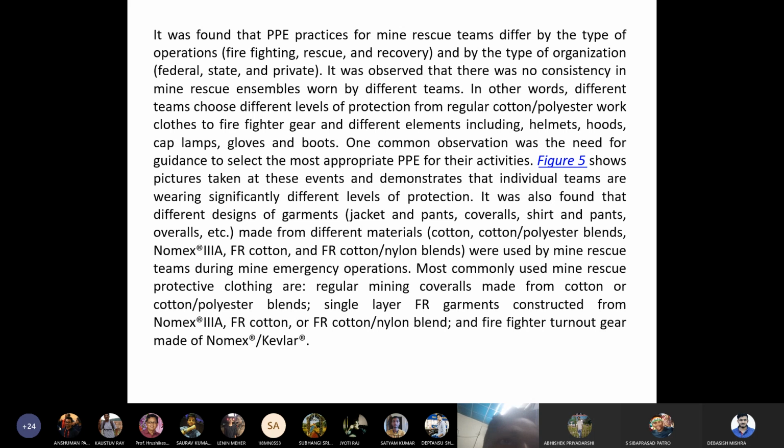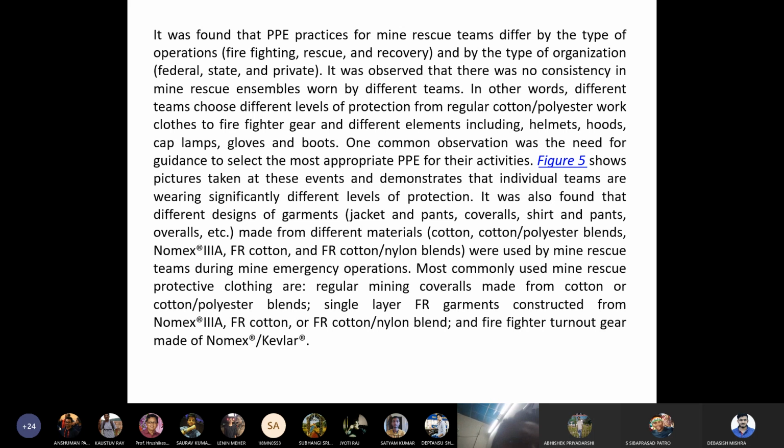In other words, different teams choose different levels of protection, from regular cotton or polyester work clothes to firefighter gear, including helmets, hoods, cap lamps, gloves, and gumboots.